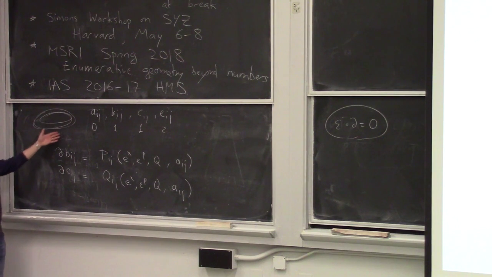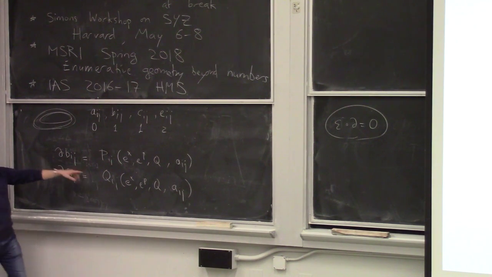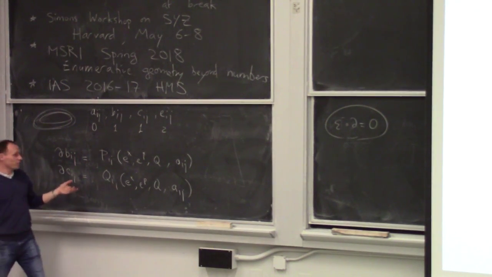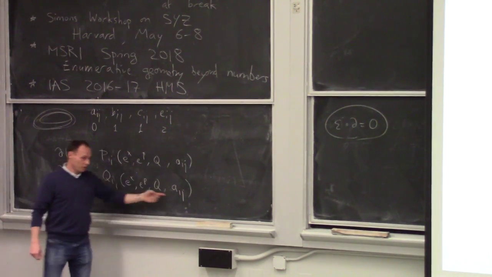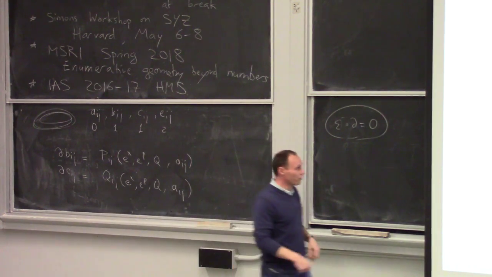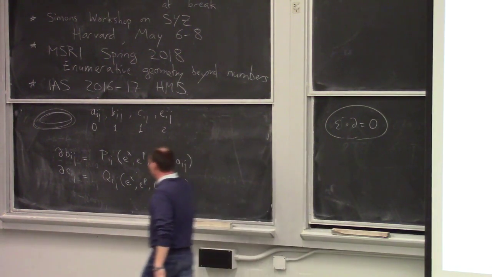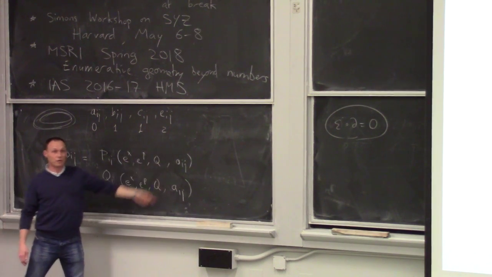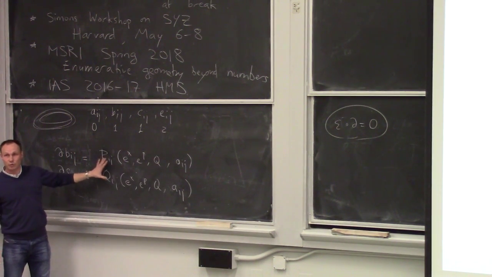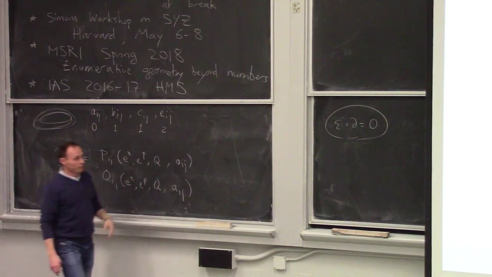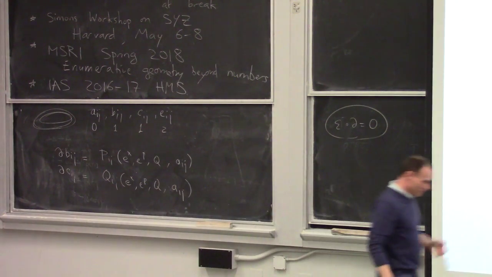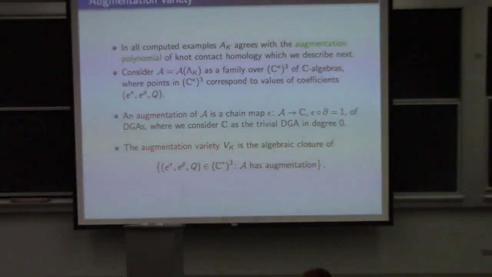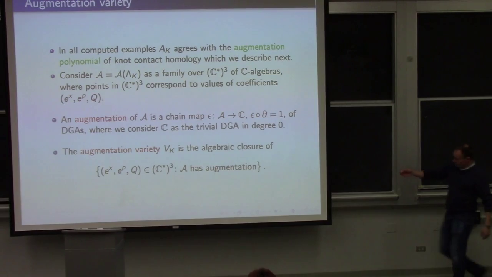But now we're looking at maps into complex numbers, so we can completely forget that this is non-commutative. We can view these as commutative variables, and we're looking for the locus, in terms of coefficients, where these all have a common root. This is a problem in elimination theory, and what we find is that we get an algebraic set.